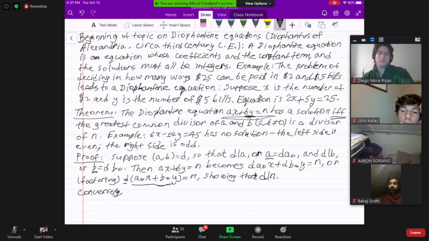So far we showed that in order for this Diophantine equation to have a solution, the greatest common divisor D of A and B has to divide N.